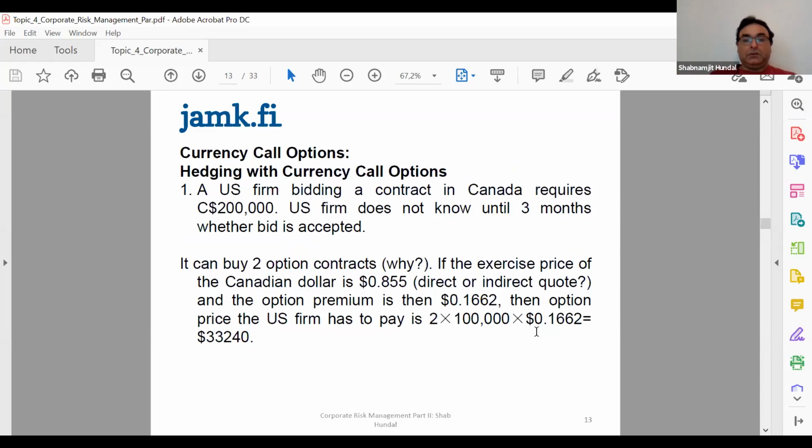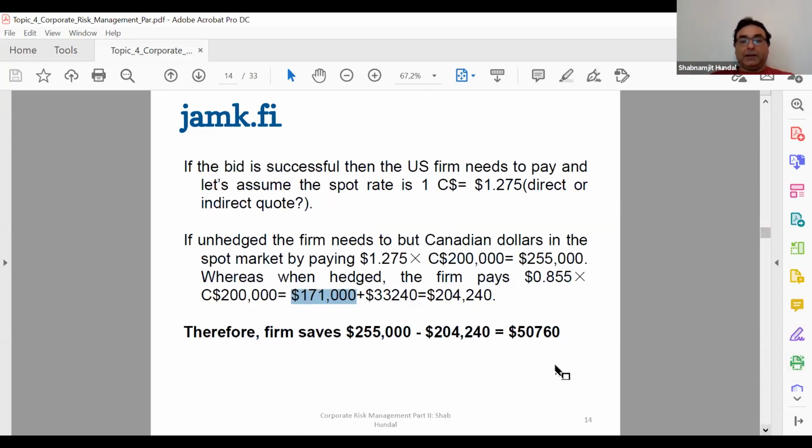And then I multiply the strike price, which is 0.855, with the full value of the contract, which is 200,000 Canadian dollars. It's 171,000 American dollars plus the premium, which I paid in the beginning. Altogether, with the option, it cost me 204,240.